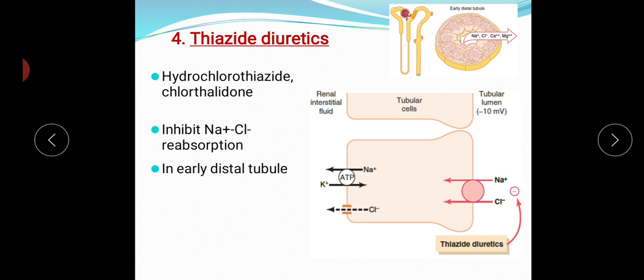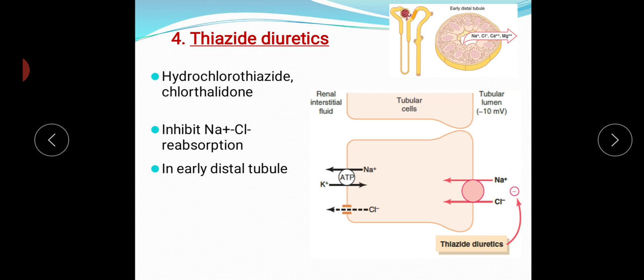By that they provide the most solute to the distal tubules and the collecting duct. You know the distal tubules and collecting duct are permeable to water in presence of ADH, but the solutes that are not reabsorbed will be transported to the distal tubules and the collecting duct, where the water will not be reabsorbed because the fluid is hyperosmolar.